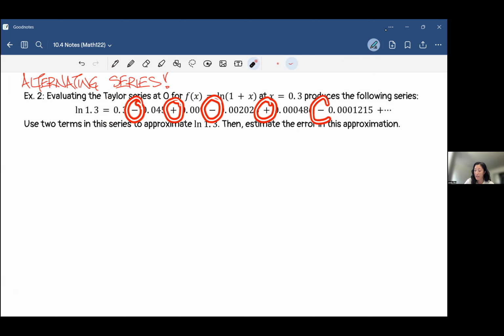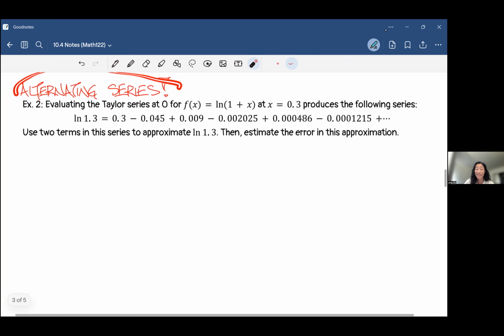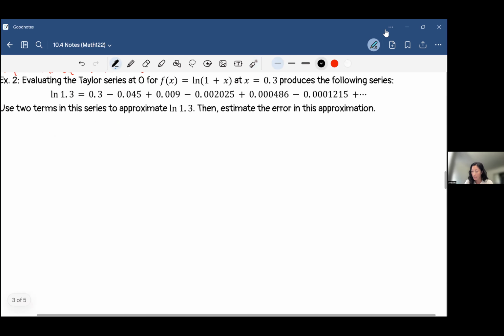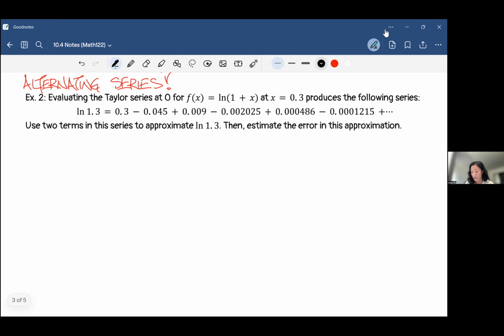That's what I'm looking at when I'm asking, is this an alternating series and can I use that? It says use two terms in this series to approximate natural log of 1.3. Then estimate the error in the approximation.